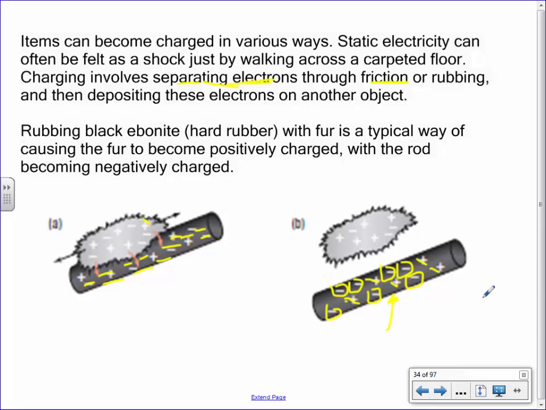Because if this guy here is gaining electrons, this one's losing electrons. The problem here, though, is that pelts and furs usually pick up so many electrons along the way. Like clothing will build up static electricity as well. So this guy probably already had lots of extra electrons as it was. So this thing probably isn't neutral, actually. This thing has lots of electrons, and we're just adding some more to here so that we can do things like that.